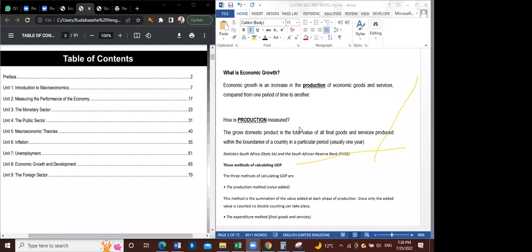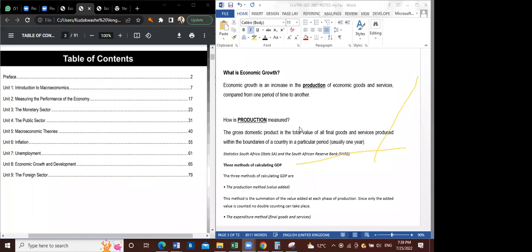So in measuring the performance of an economy, one of the most important objectives of the policymakers of the government, of the finance ministry and the Reserve Bank of South Africa is ensuring that an economy is growing, and that is what we are referring to as economic growth. And by definition, economic growth is defined as an increase in the production of an economy over and above the previous year's period, or rather over a period of time.